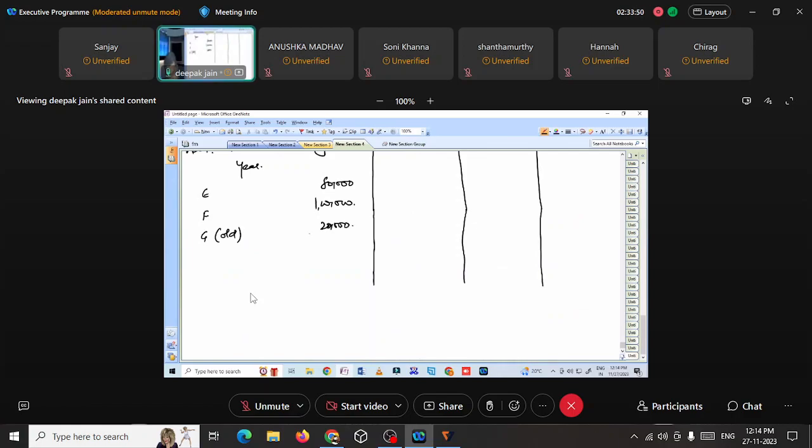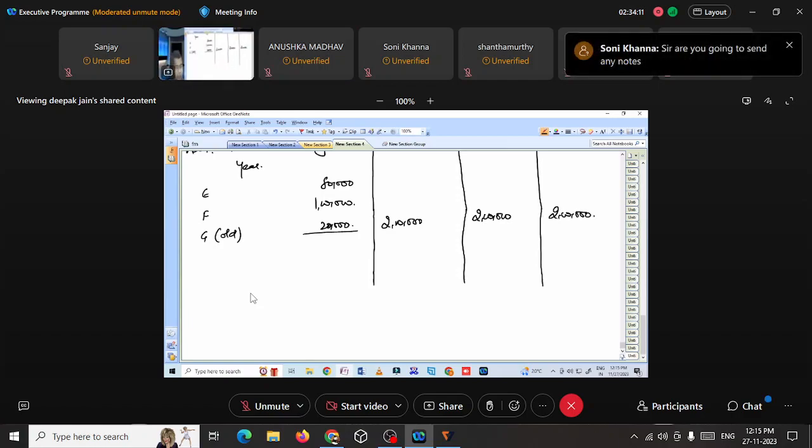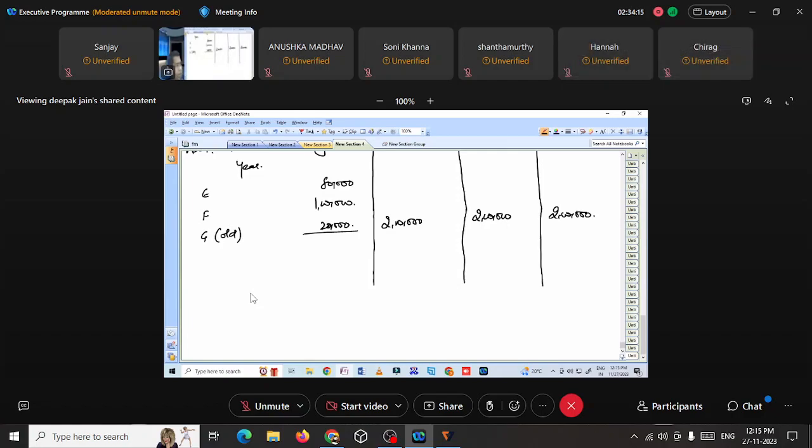Whether new or old. Asset is eligible for depreciation, whether new or old. So how much is the addition during the year? 2 lakh in each case.